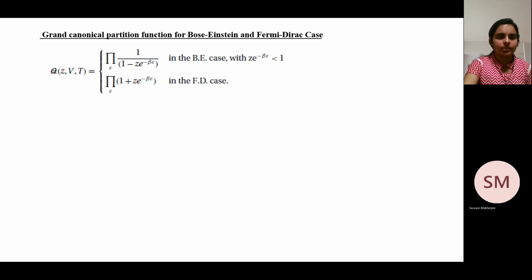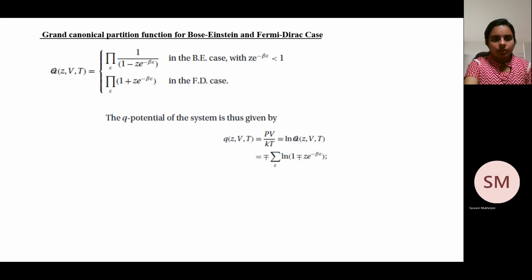Now, this is your grand canonical partition function, okay? So you can find the Q potential from here, which is given as ln capital Q, and this has a value like this, and that is equal to PV by kT. This comes from the analysis of the grand canonical ensemble, which we had already done in the previous classes.